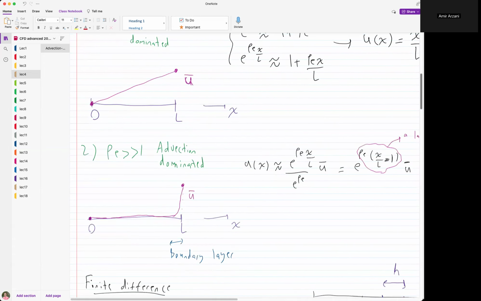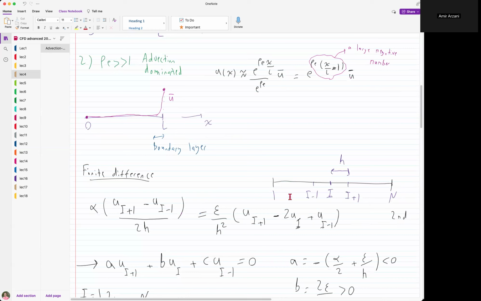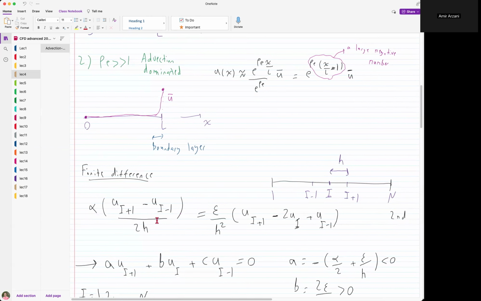Okay, now let's do the finite difference approximation for this advection-diffusion equation. If I discretize my 1D domain into elements and consider 3 nodes, node i, node i plus 1, the node to the right, and node i minus 1, the upstream node, the flow goes from left to right, and the size, the delta x, I'm going to denote with h.